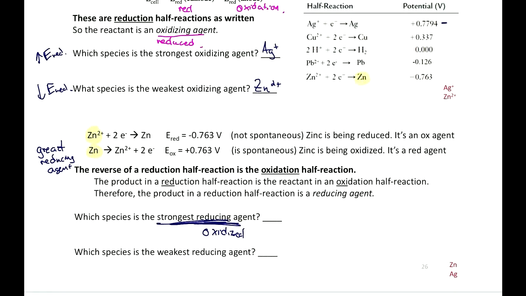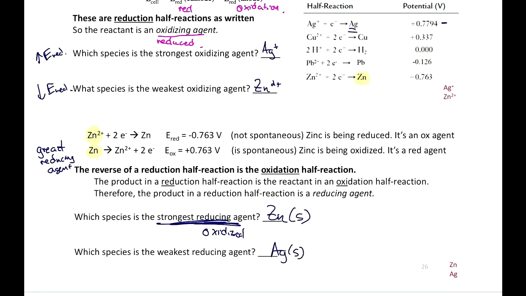So in this case, zinc 0 is the best reducing agent. Because remember, the oxidizing reactions are the reverse of these reactions. So zinc 2+ can't be further oxidized, but zinc solid can. So here we're pointing at the products of these reduction half reactions. The weakest reducing agent here would be silver solid.